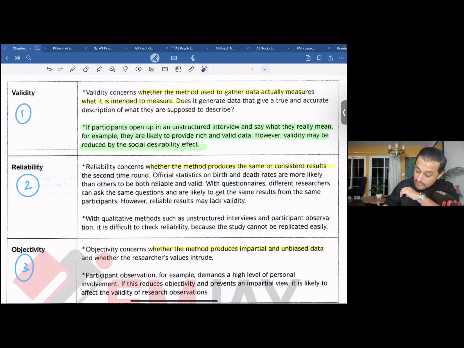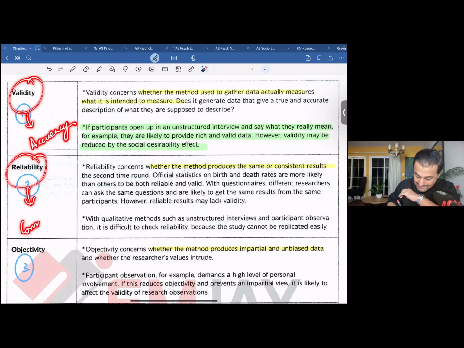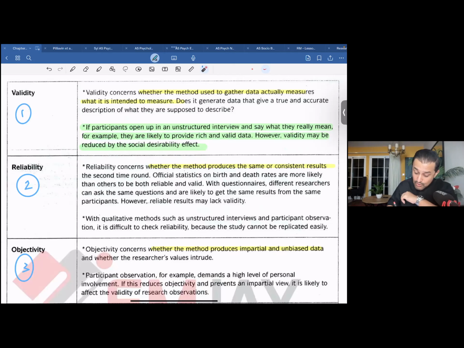Reliability concerns whether the methods produce the same or consistent results. Like I said, validity has to do with the accuracy of the research. Reliability has to do with the consistency of the findings of that particular research. So reliability concerns whether the method produces the same or consistent results the second time round.